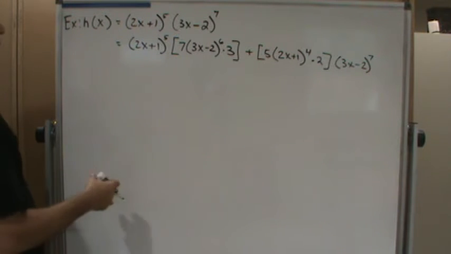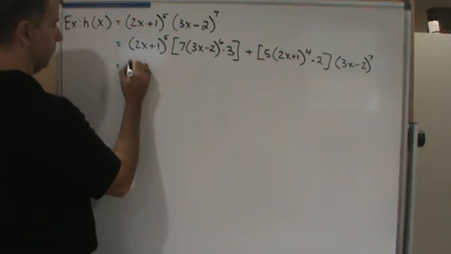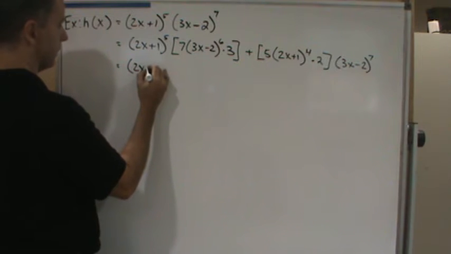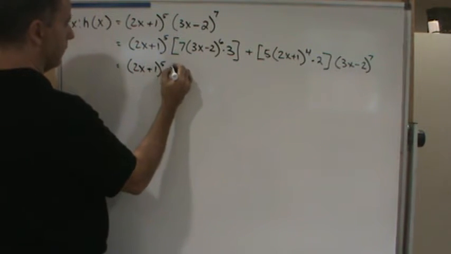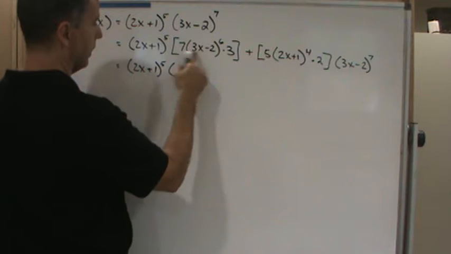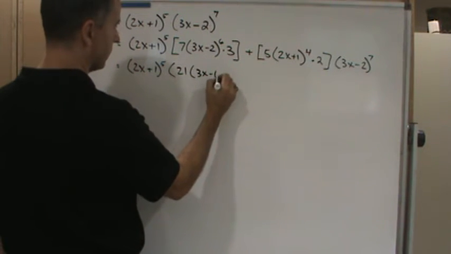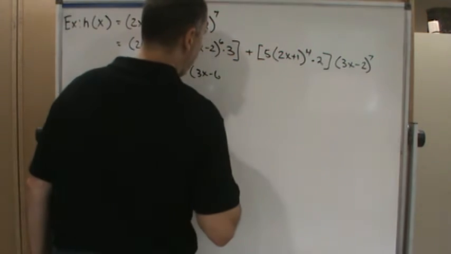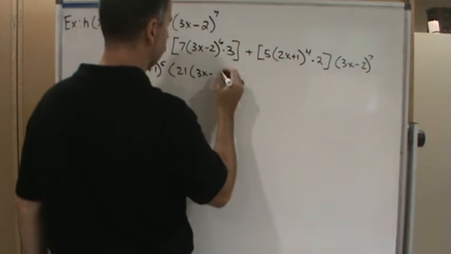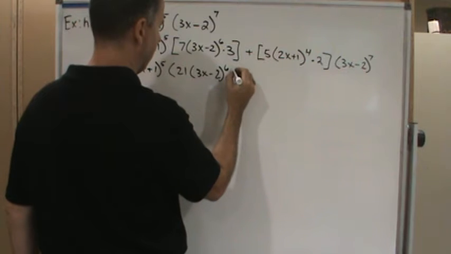And now this is where we're going to have to simplify things. So this is going to be (2x + 1) to the 5th power times 21 times (3x - 2) to the 6th power.